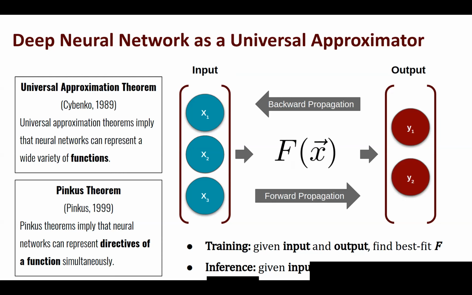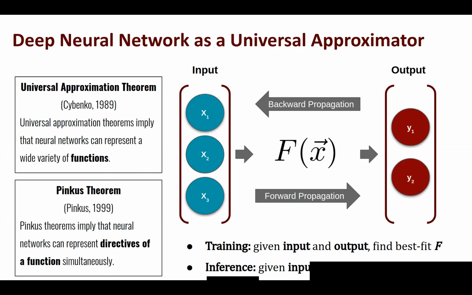But it turns out it's actually possible to approximate almost any function known so far with a deep neural network, as long as you have enough neurons to resolve the fine features you want to resolve. And that's the approximator part.